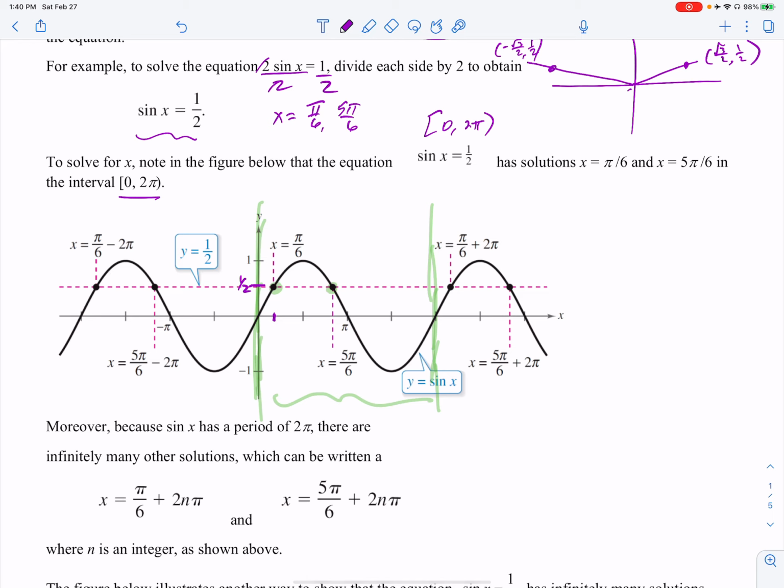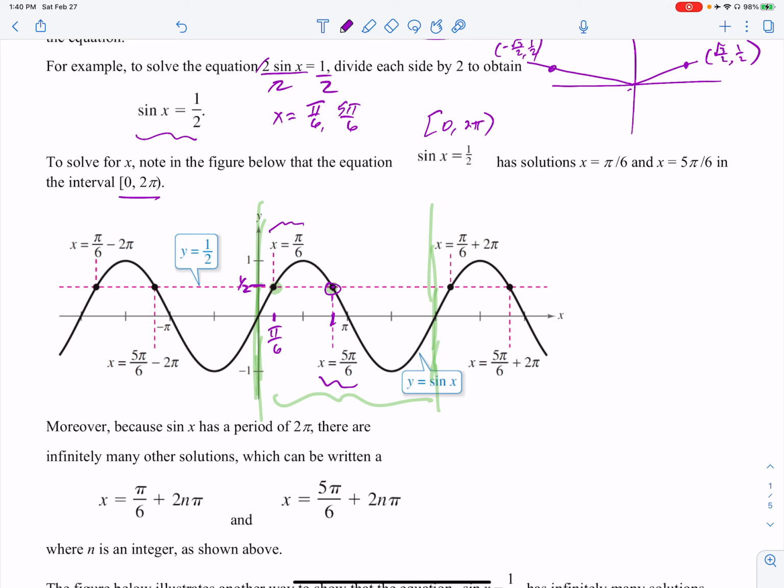And this x value, as they're showing you right here, is when x is pi/6. And this x value right here is when x is 5 pi/6. So sine in quadrant 1 at pi/6 is 1/2. Sine in quadrant 2 at 5 pi/6 is 1/2.